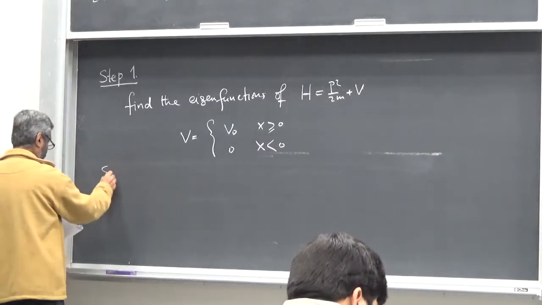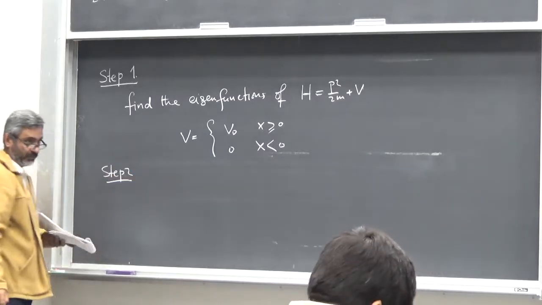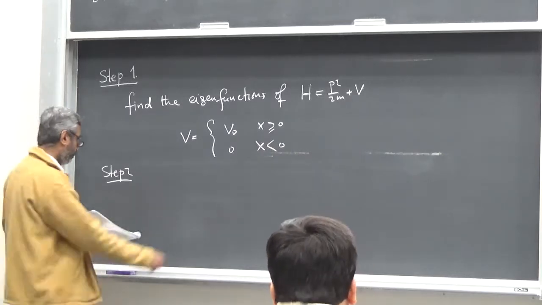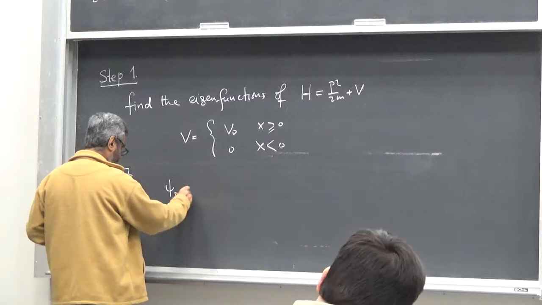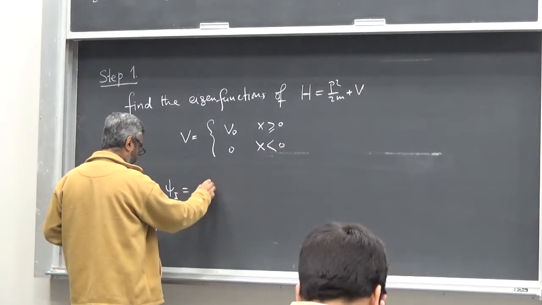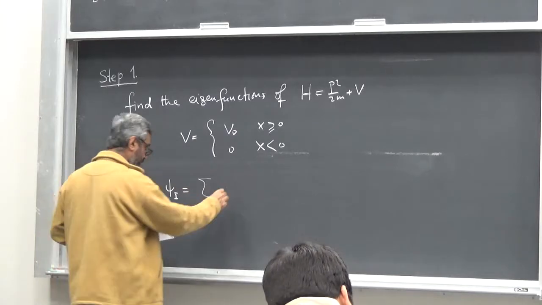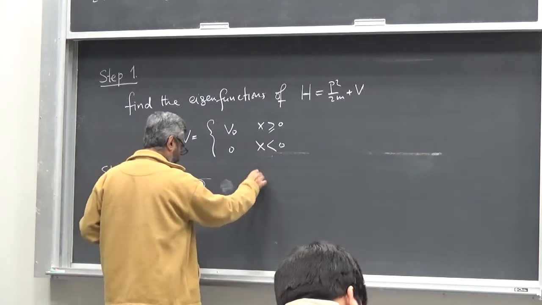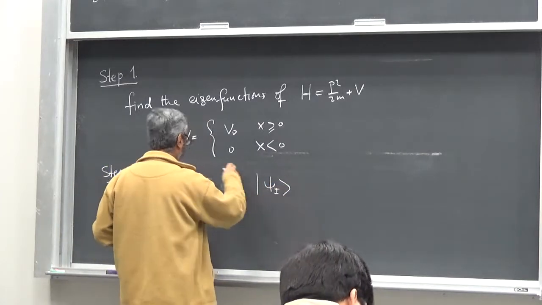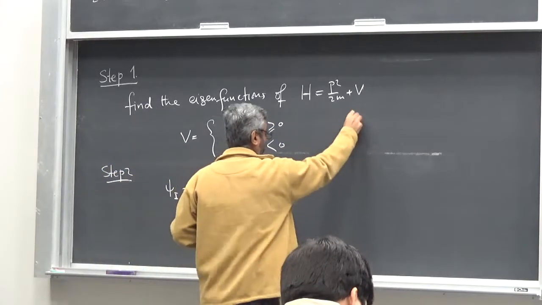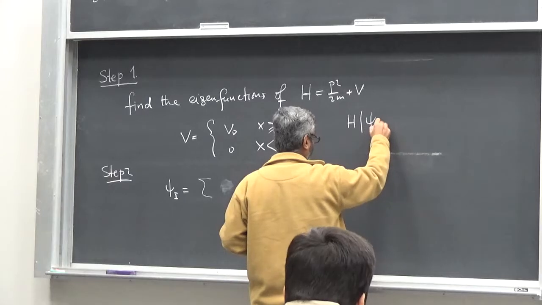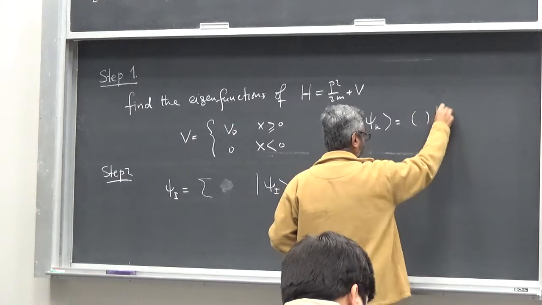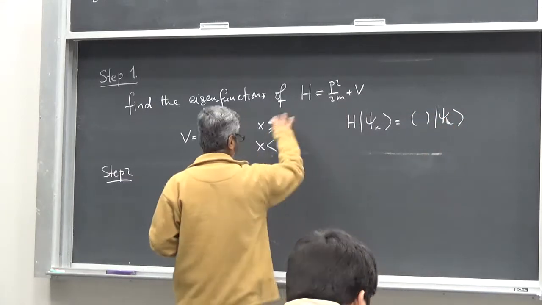What is step 2? I just described all the steps. What is step 2? You want to find out psi I as a sum or integral, whatever it is, of, let's say, okay, so you can write it like this, psi I, and the eigenfunctions of this are, let's say, psi of k, and so there will be some eigenvalue here, we'll have to still find them.